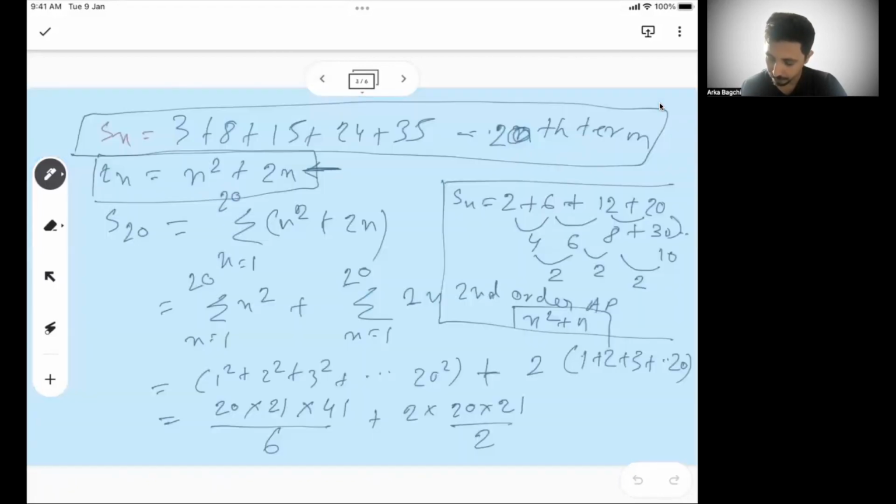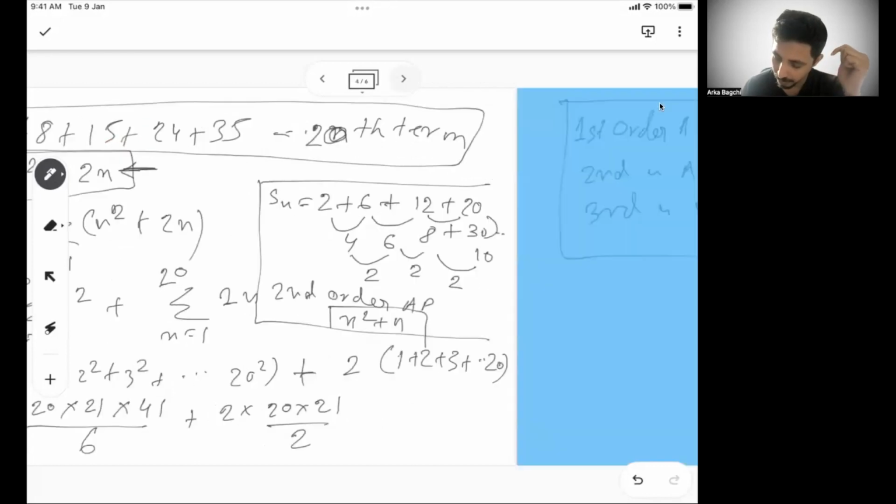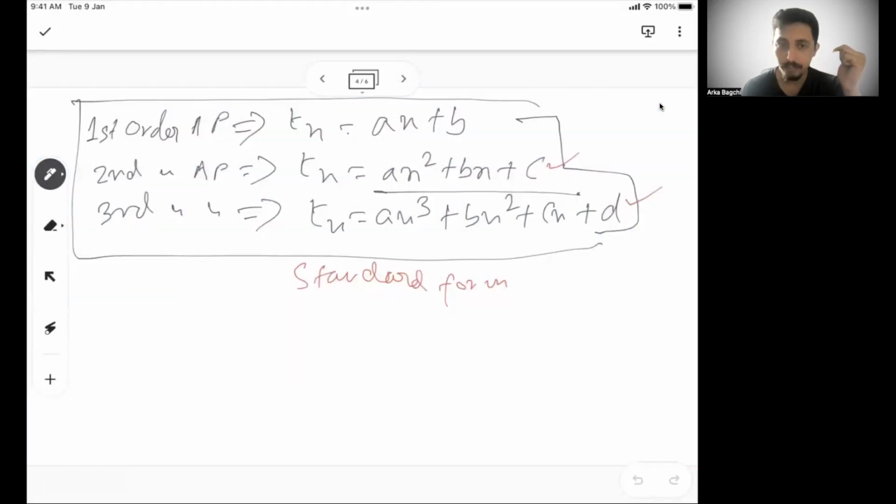Once you get the generic form, the idea is to follow the same approach we did here, where we did Tn equal to N square plus N. So if you can identify the generic term of Tn, best go ahead and solve the problem. If you can't, you have to write the standard form, and by standard form I mean all these three: An plus B, An square plus Bn plus C, An cube plus Bn square plus Cn plus D for the third order.